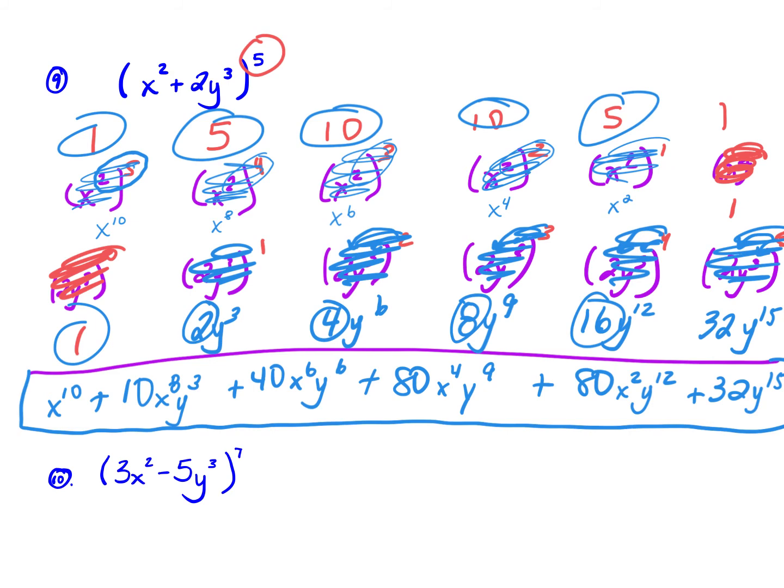And it was never the same way every time. This is the same thing every time. You follow the exact same steps. You just have to do the math that goes behind it. But you guys are all super capable of this. So the first thing I'm going to do is write out all my exponents. I start with 7. So I have 7, 6, 5, 4, 3, 2, 1, and 0. Cross this all out. This becomes a 1.